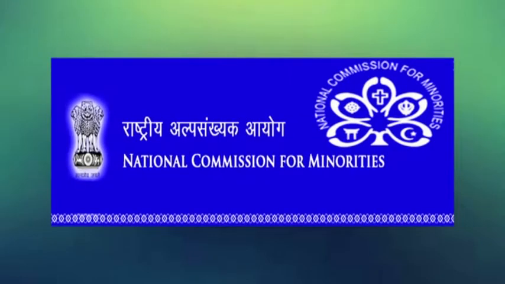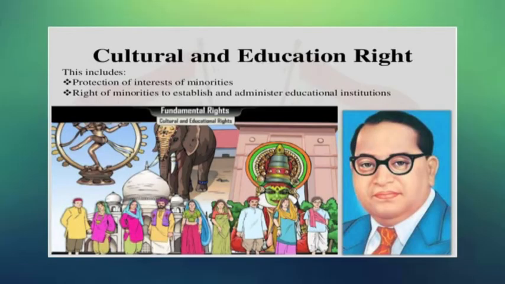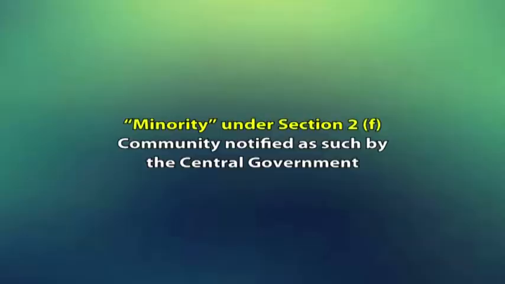The National Commission for Minority Educational Institutions Act 2004, as amended time and again in 2006 and 2010, for short the Act, has been enacted to safeguard the educational rights of the minorities enshrined in Article 30, Clause 1 of the Constitution. The Act defines minority under Section 2, Clause F, as, for the purpose of this Act, a community notified as such by the central government.